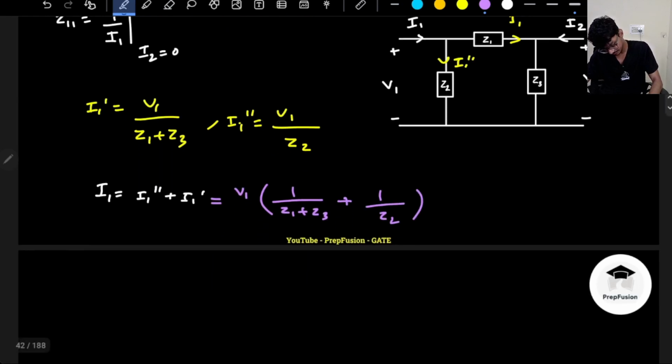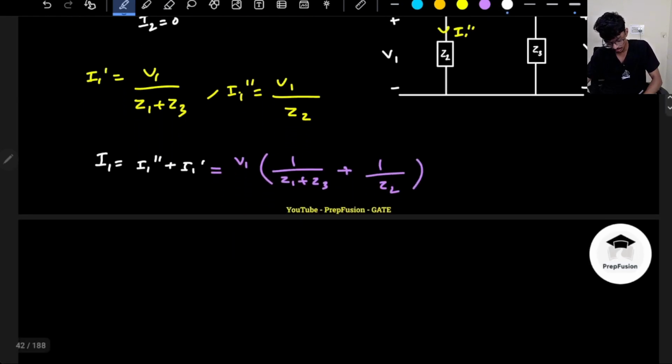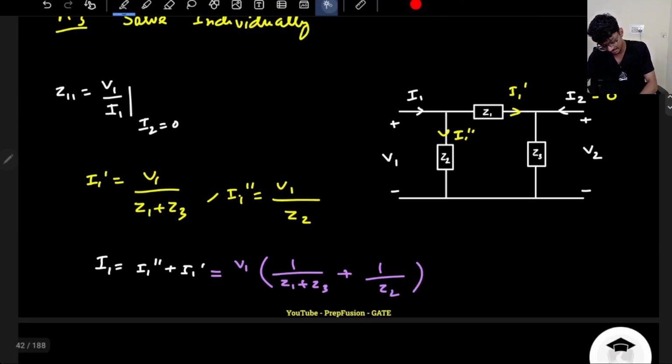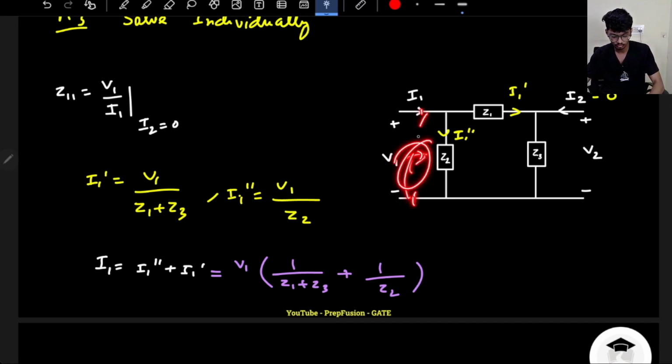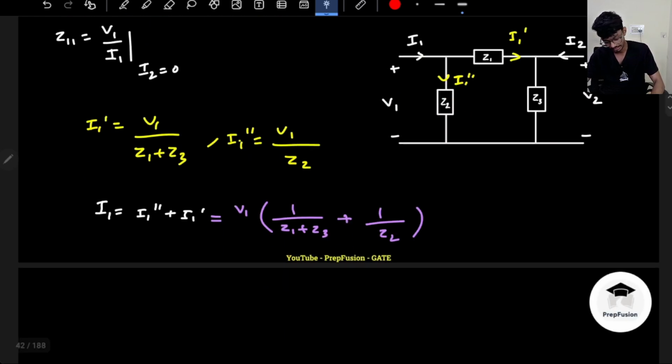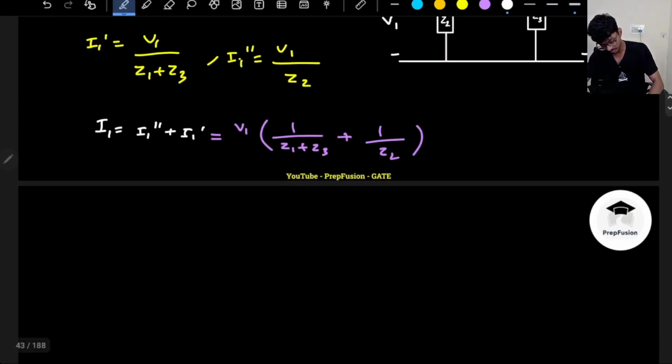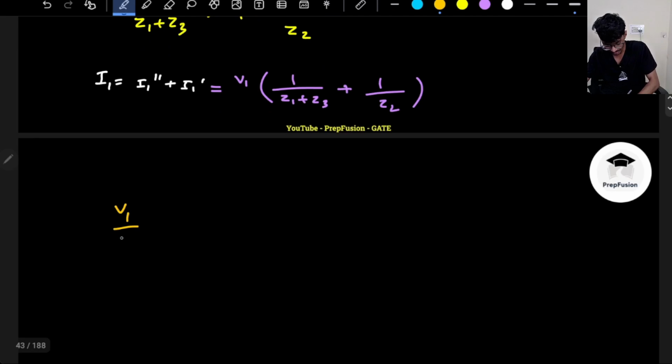So from here, right, you will be able to write your parameter basically, or you could have directly seen what is V1 by I1. It is the resistance or impedance seen from these two nodes, right? So it is basically Z2 parallel with Z1 plus Z3. So like that also you could have written that your V1 by I1 is just impedance.